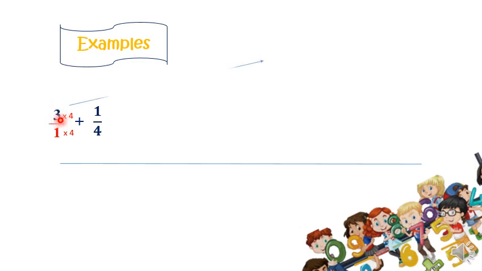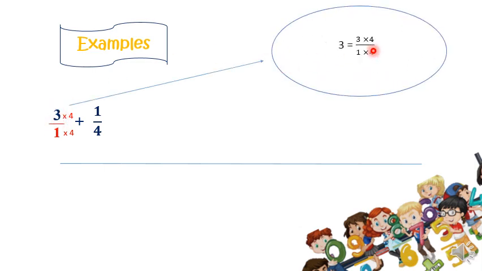So I'm going to replace 3 by, if I multiply the numerator by 4 and the denominator by 4, it will become 12 over 4. So I will replace the whole number by this fraction, which is 12 over 4.